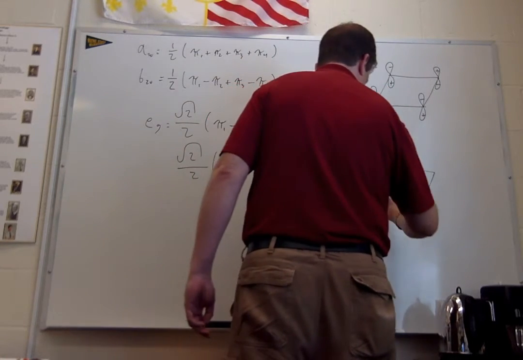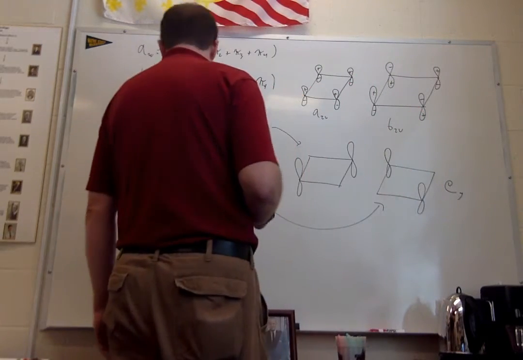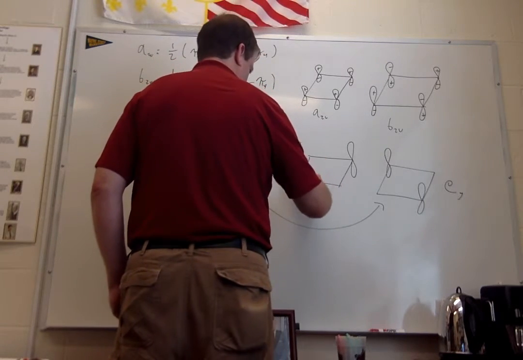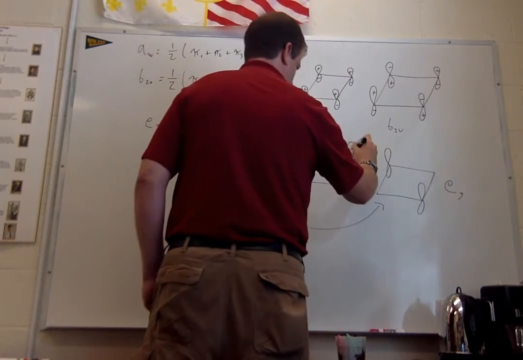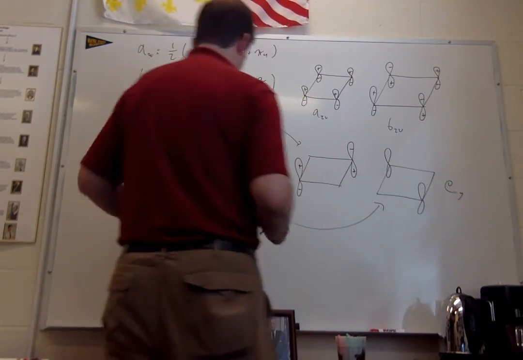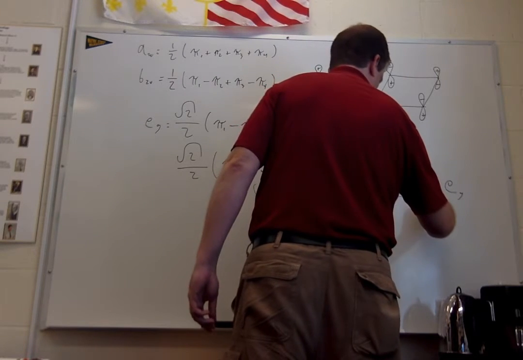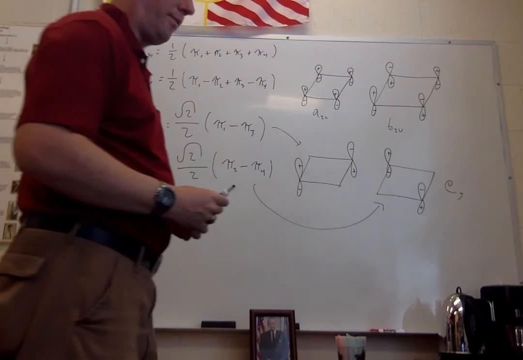That's this one. So this is the EG set. Since this one is positive, if this one is negative, it's upside down. Pi 2 is positive. This one. It's like that.